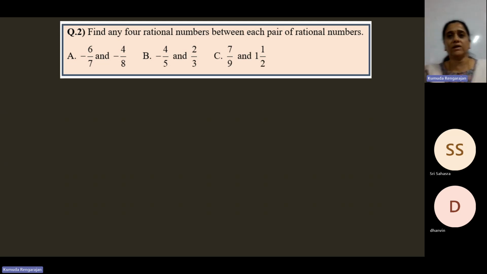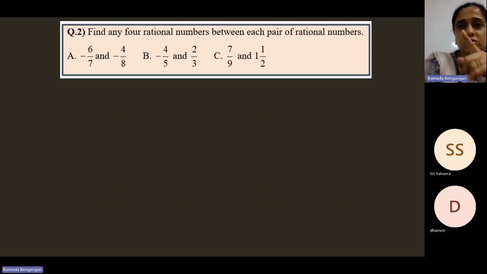That's it. With this, I'll finish rational numbers. I just have to explain one more concept: inserting rational numbers between two given rational numbers. In session 1, we took up some statements and understood if there are natural numbers between two natural numbers, whole numbers between two whole numbers, integers between two integers.